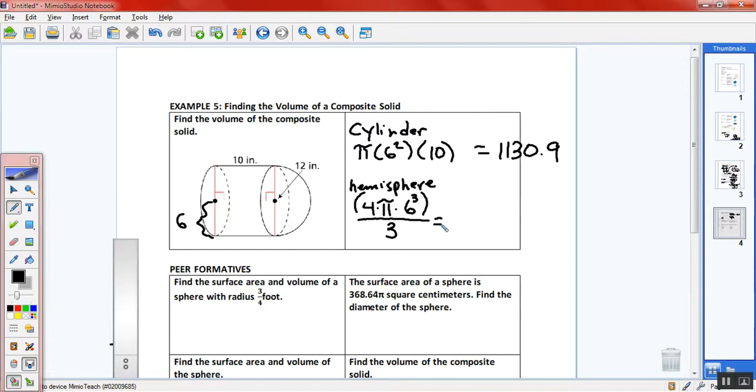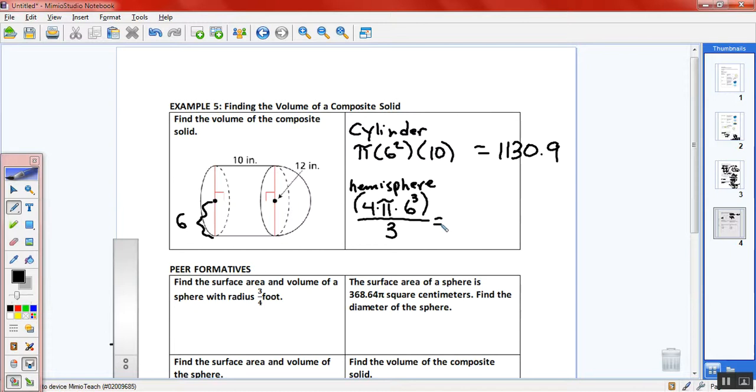Understand, this would be like a whole sphere right here, wouldn't it? How much volume am I adding to that cylinder? A whole sphere's worth or half a sphere's worth? What's that number right up there as it's written? 904. Now, you haven't divided by 2 yet, have you?